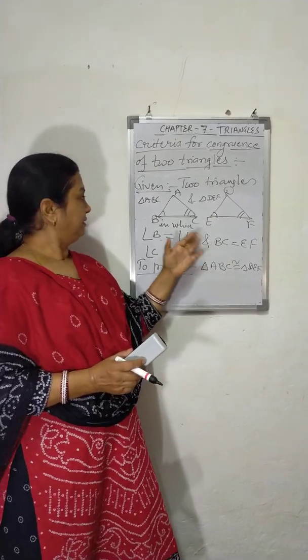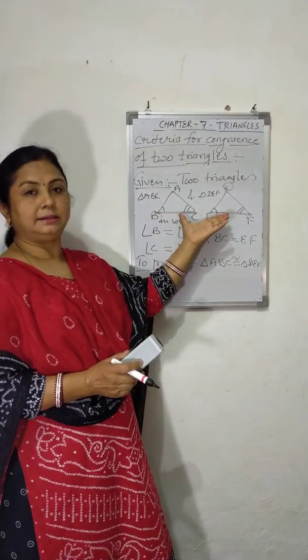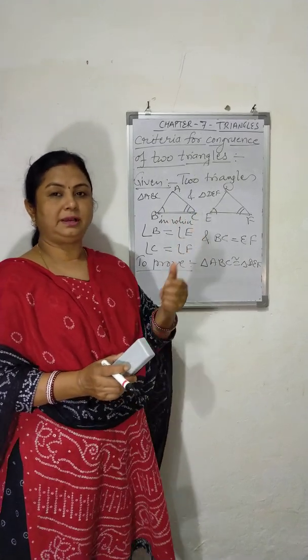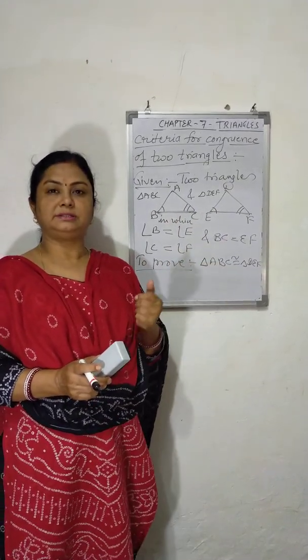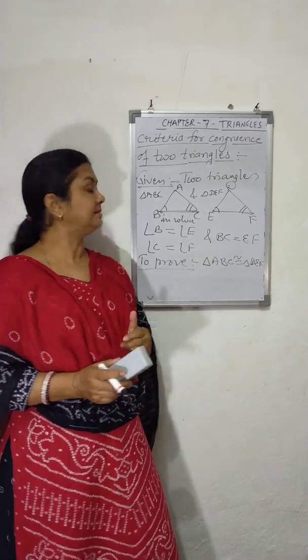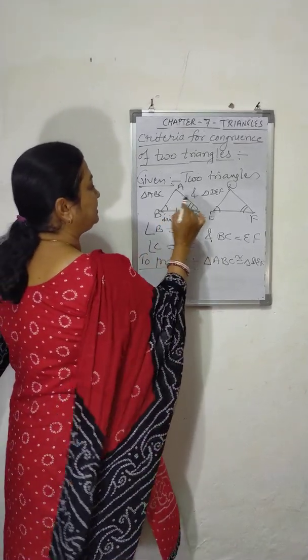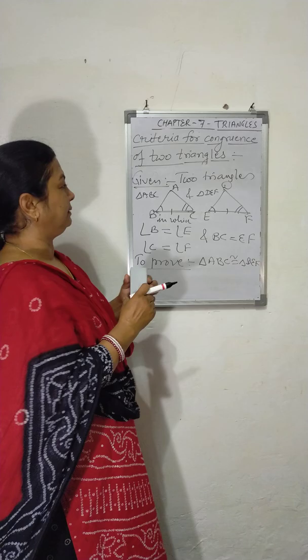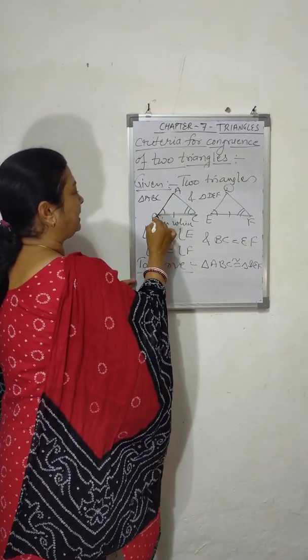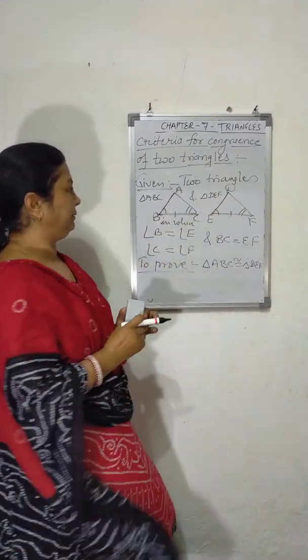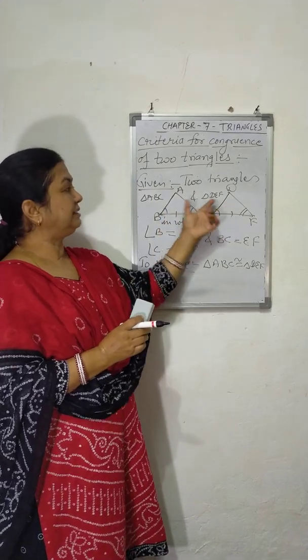Let me explain first. To prove these two triangles congruent, you know that we already have one congruency condition, SAS, side angle side. So in these two triangles, if we take sides AB and DE, what conditions can be there?